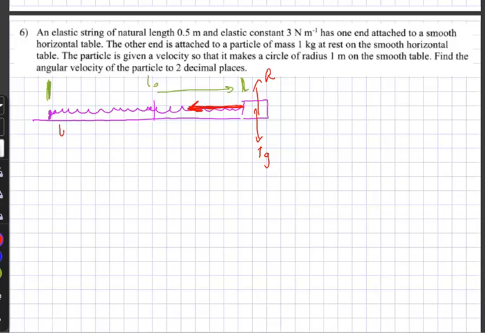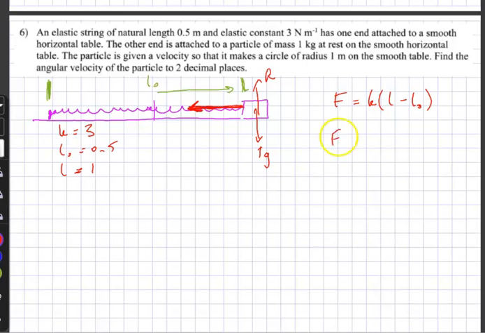We know that k is equal to 3. Its natural length was 0.5. Its new length is 1 meter. Hooke's law states that the difference in the lengths multiplied by the constant is equal to the force created, and that force is going to give us the centripetal force.